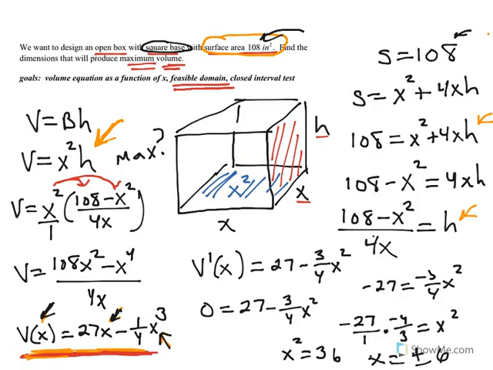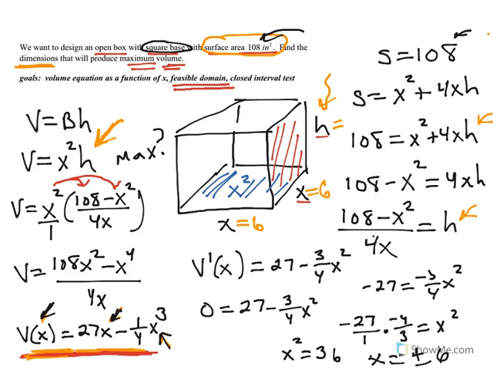So back to the original question, what are the dimensions of the box? We know that x is going to be 6. We know this other dimension x is going to be 6. And then we just have one more dimension, h. So we're going to need to find that third dimension, h.